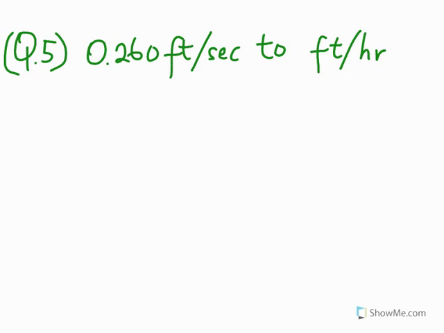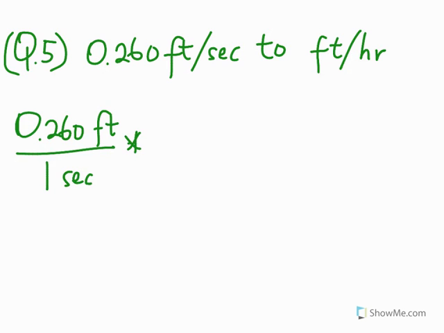Question 5. 0.260 feet per second to feet per hour. So this will be 0.260 feet per 1 second. Now the feet does not change, we don't want to change the feet.